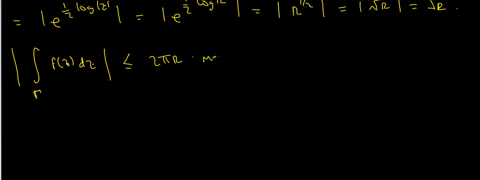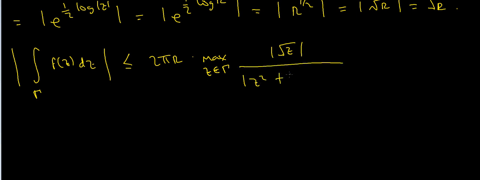I want the maximum value, where z belongs to gamma, of modulus of square root z over modulus of z squared plus 6z plus 8. And we established that this was less than or equal to 2 pi r, that's just this term, times what? Well, root z, that was just equal to root r.